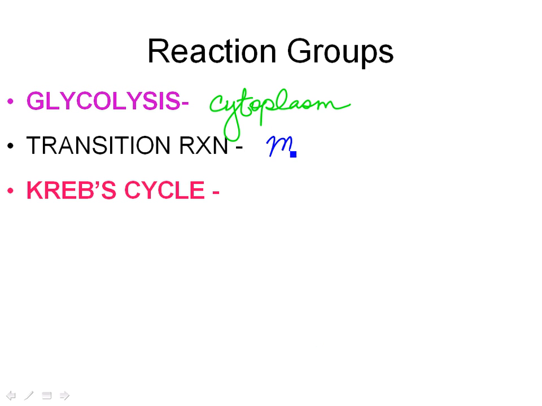And then you'll see Krebs cycle, also called the citric acid cycle. This will also take place in the matrix of the mitochondria.